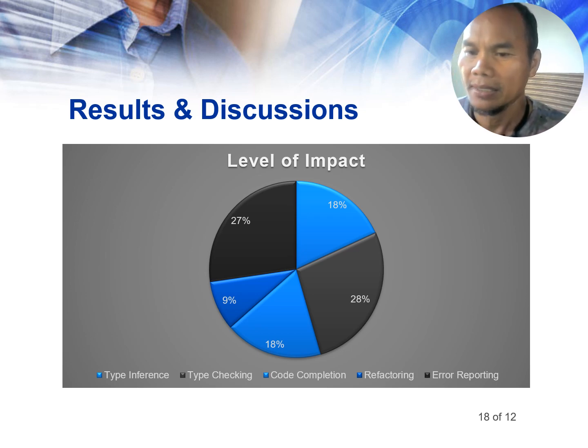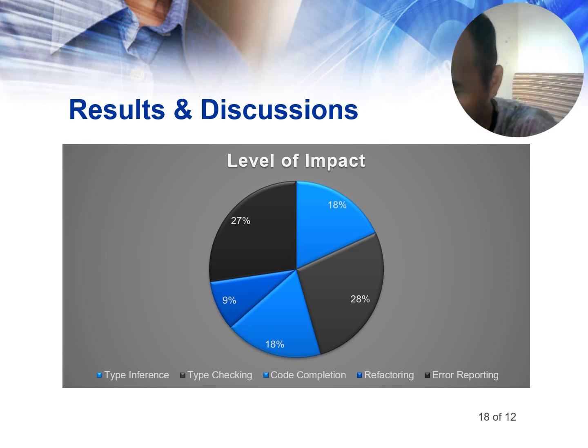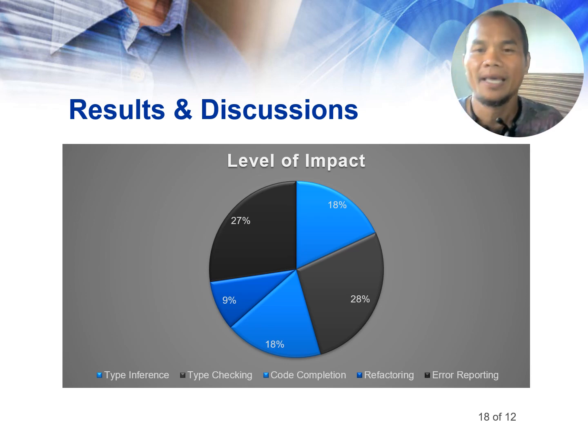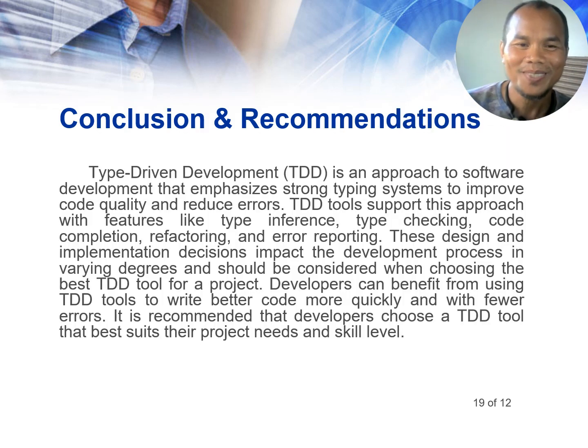Type inference and code completion can potentially improve developer productivity, while refactoring is important to improving software quality over time. So overall, error reporting and type checking are crucial aspects of TDD tool design and implementation.